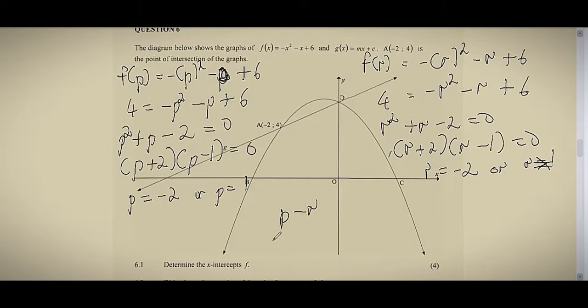So p minus r can either be this p here, -2 minus -2, which will just give me 0, or we can calculate it using this. This is 1 minus -2, which will give me +3, right? Obviously, because between p and r, there must be that distance in between them. That means the correct value that we are looking for is 3, right? Because that's where we want to get a definite value. So 1 minus -2 is equal to +3.